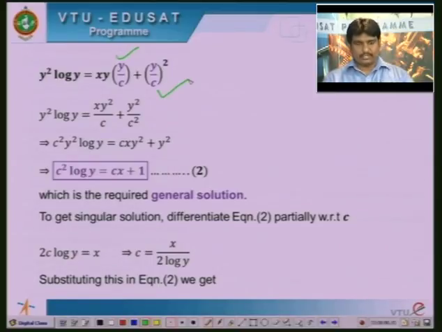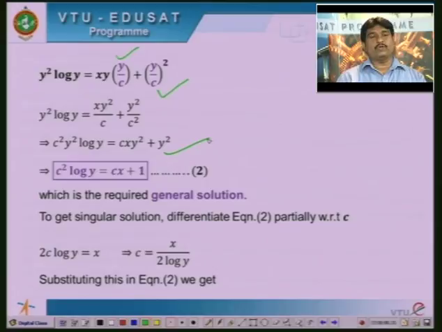Multiply throughout by c square to get c square y square into log y equals cxy square plus y square. So the general solution of the given differential equation is c square log y equals cx plus 1.